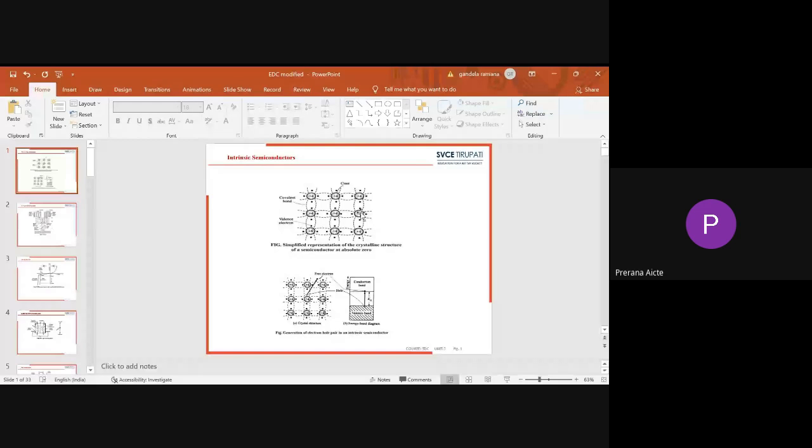So in pure semiconductors, this diagram shows us a pure semiconductor.